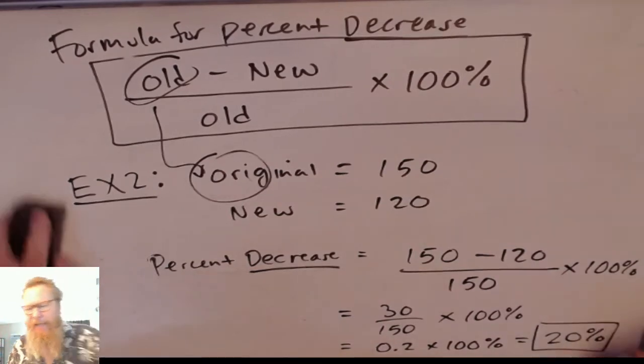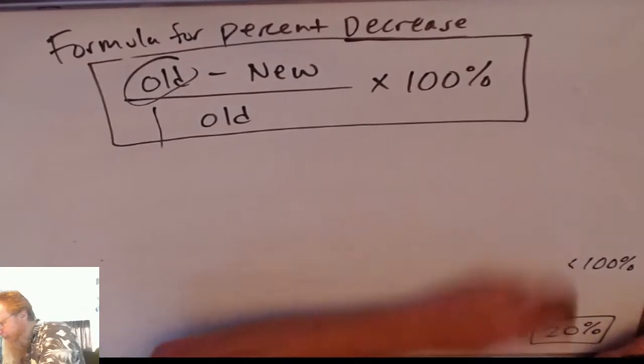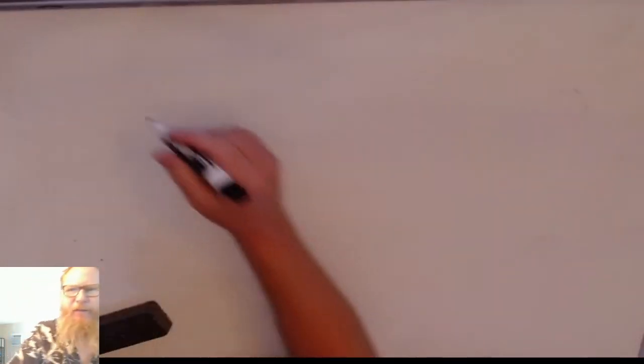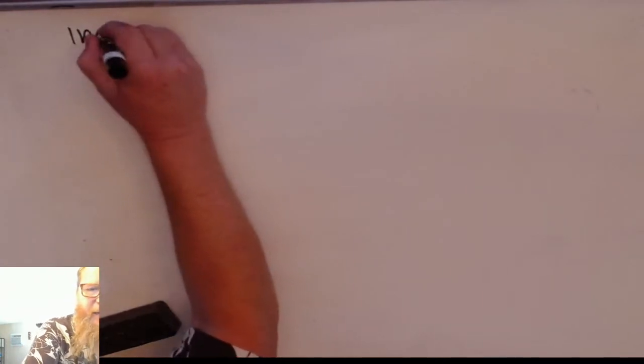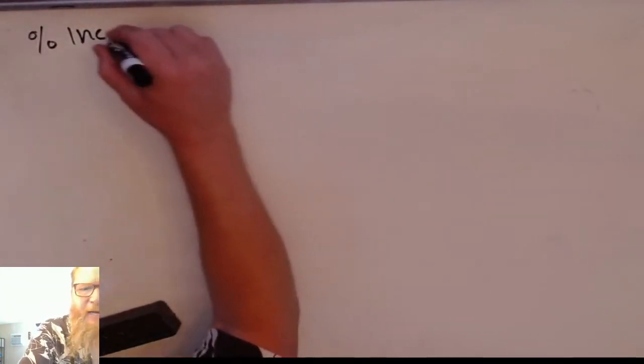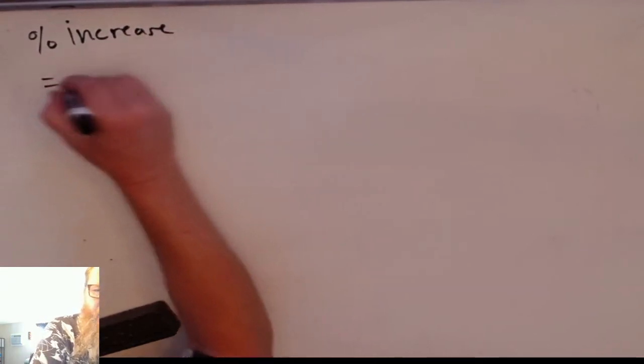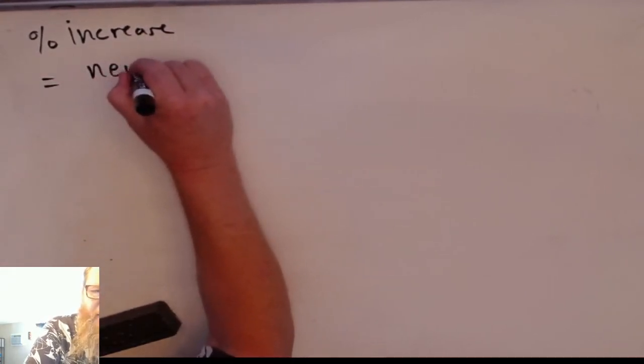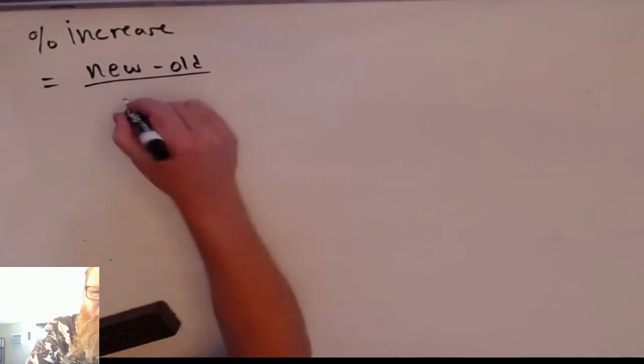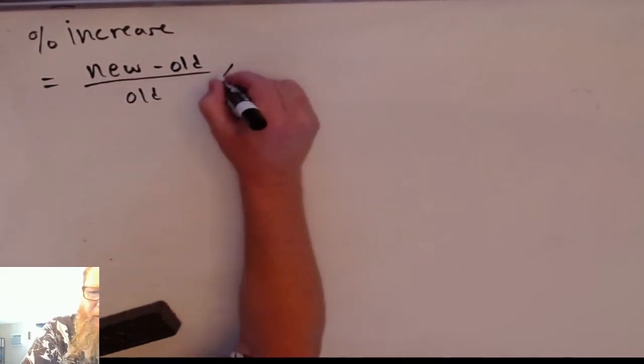Now here's what I like to do. Before I do any more problems, let's just talk about the 2 different formulas. So let me just use the symbol percent increase. That is new minus old over old times 100%.